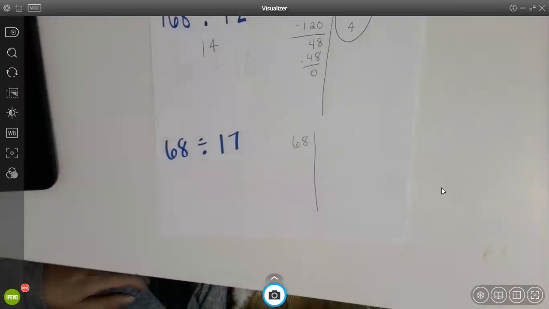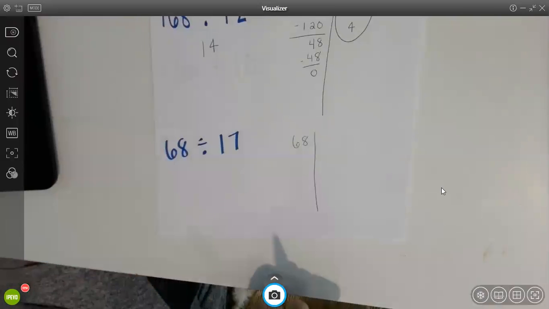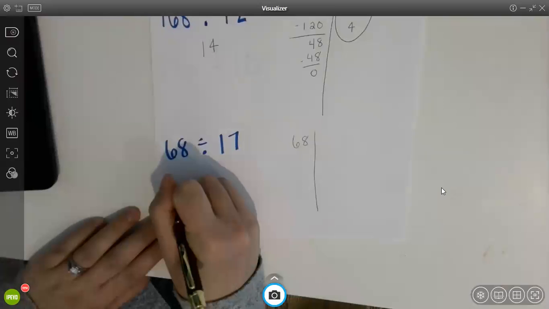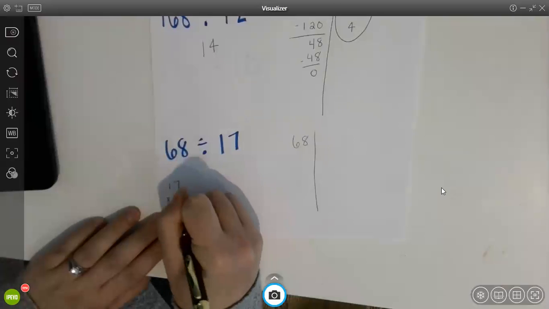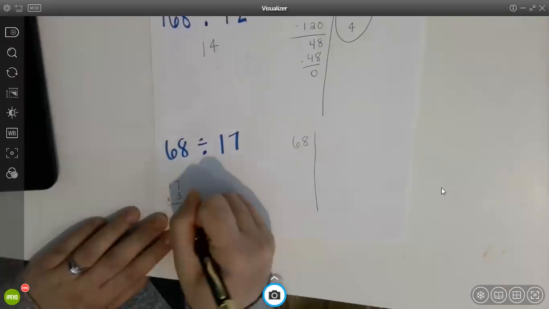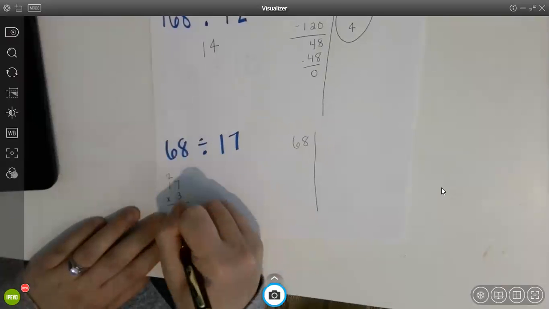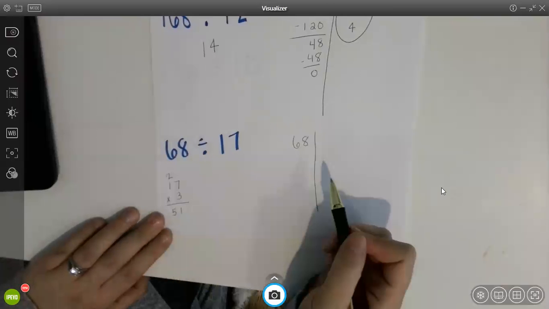However, I want to get there a little bit faster, so I'm going to start by taking a guess about how many 17s are in 68. I'm going to guess maybe it's around 3. So I'm going to quickly, over to the side, figure out what 3 17s is. Okay, it's 51. I wasn't exactly correct, but I got pretty close.